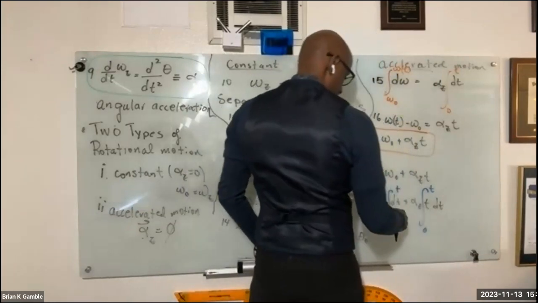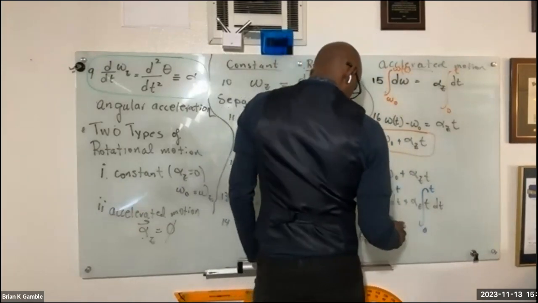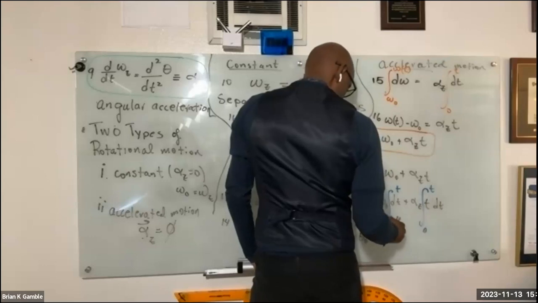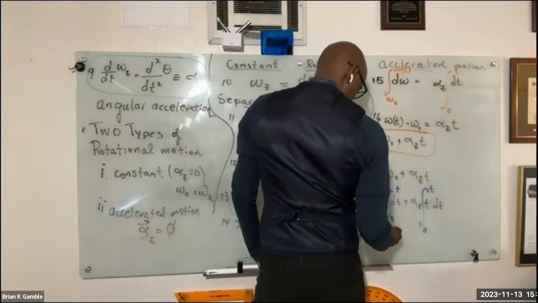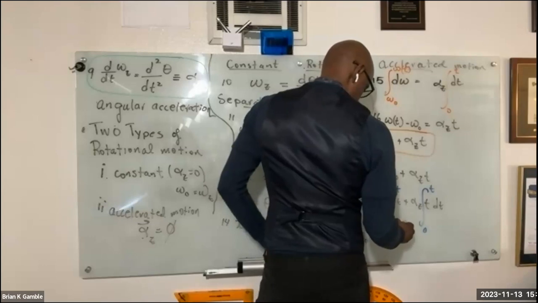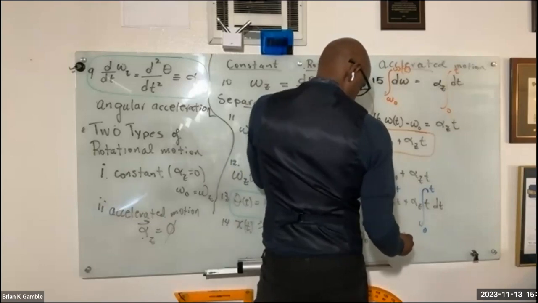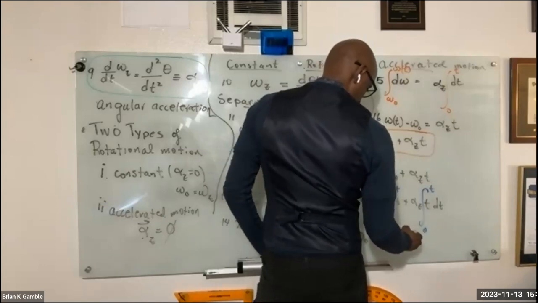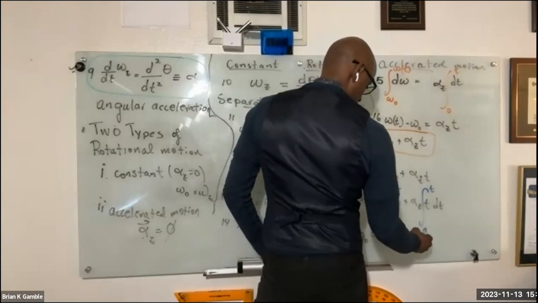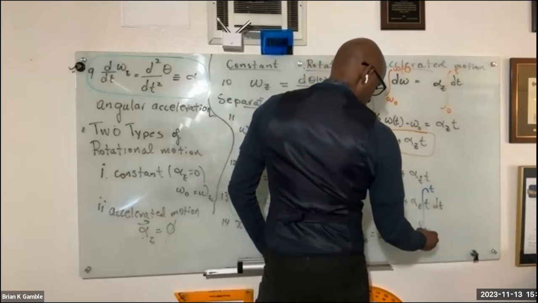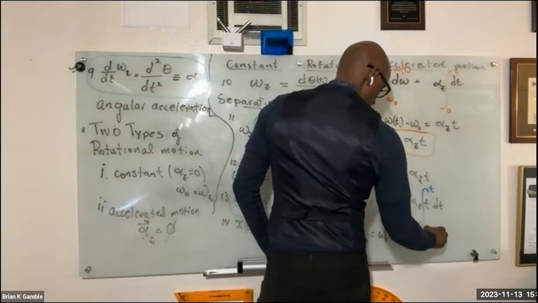This integrates to t, and so we have omega naught times t, and then plus, t integrates to t squared over 2, so that's where you get the 1/2 alpha z t squared.